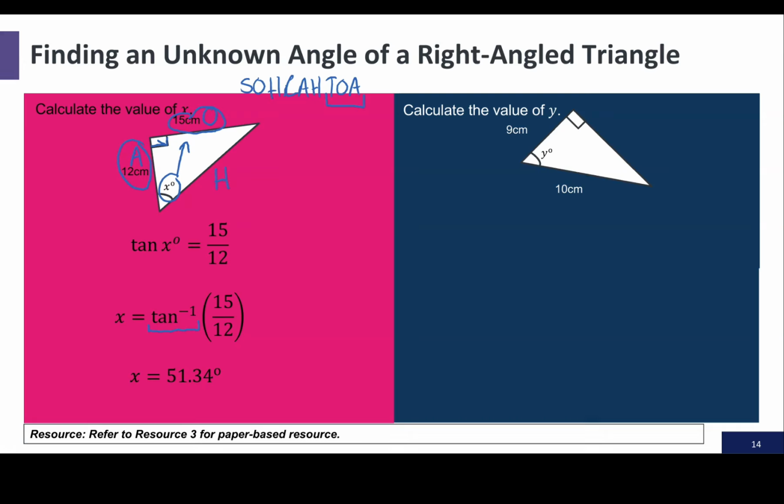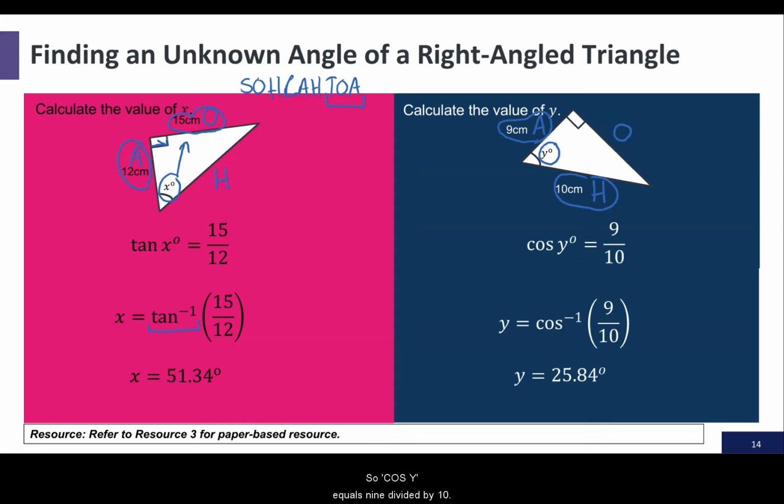Here is the solution. This side is H, this side is O, this side is A, so therefore we will be using cos. So cos y equals 9 divided by 10.